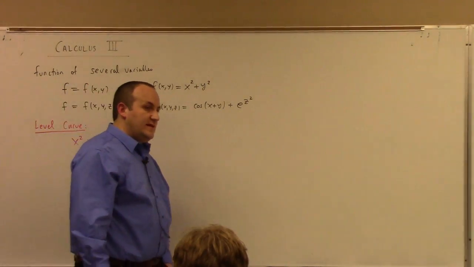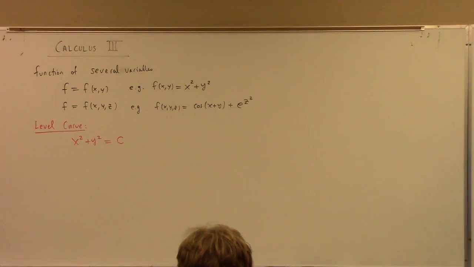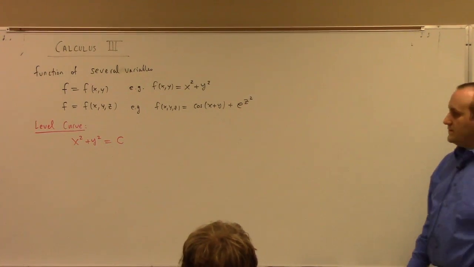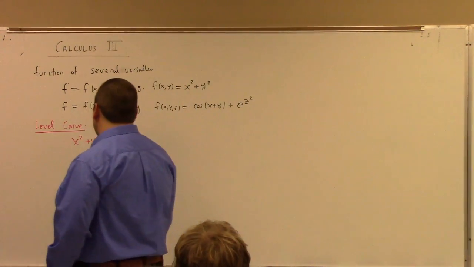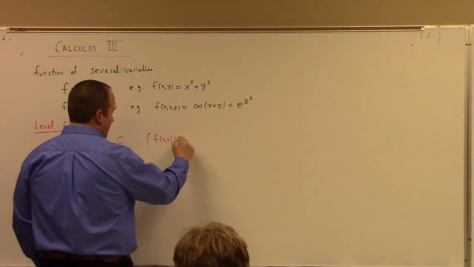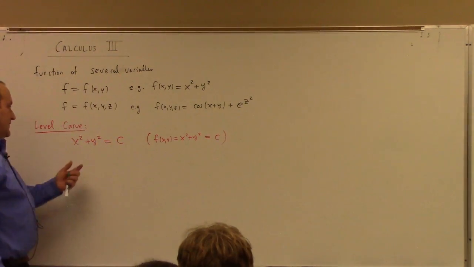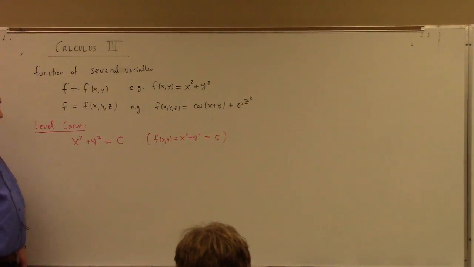The solution set to that equation is what's known as a level curve. The level function here is f of x comma y equal to what? So we're looking at f of x comma y equal to x squared plus y squared equal to a constant, right? So the level function here, you could say, is x squared plus y squared, and this is level c.